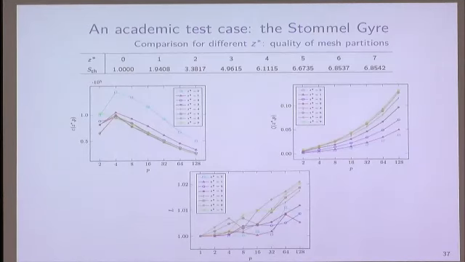Here we do more comparison about the effect of using a different number of temporal refinements. What I show in the table is that if you choose a different number of temporal refinements, you will have different speedups. For the single rate case, where Z star is 0, you have 1, and after that your speedup increases.